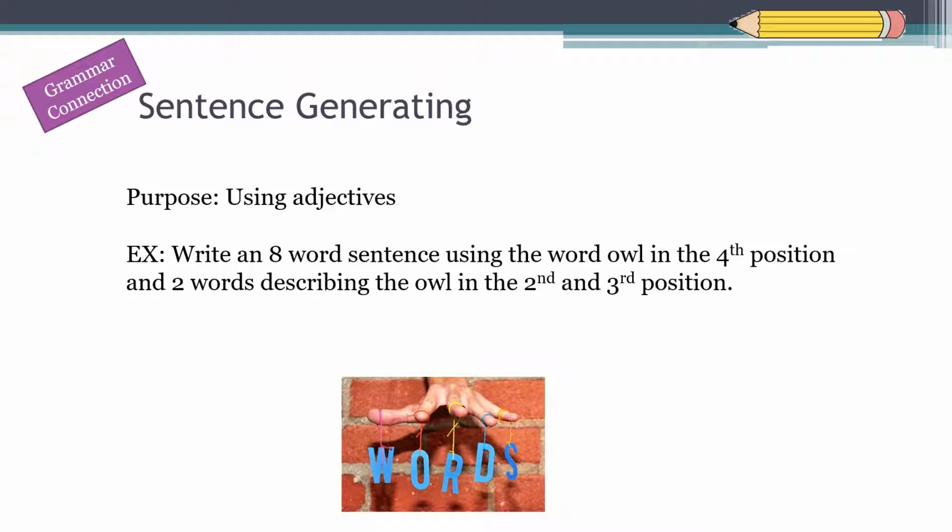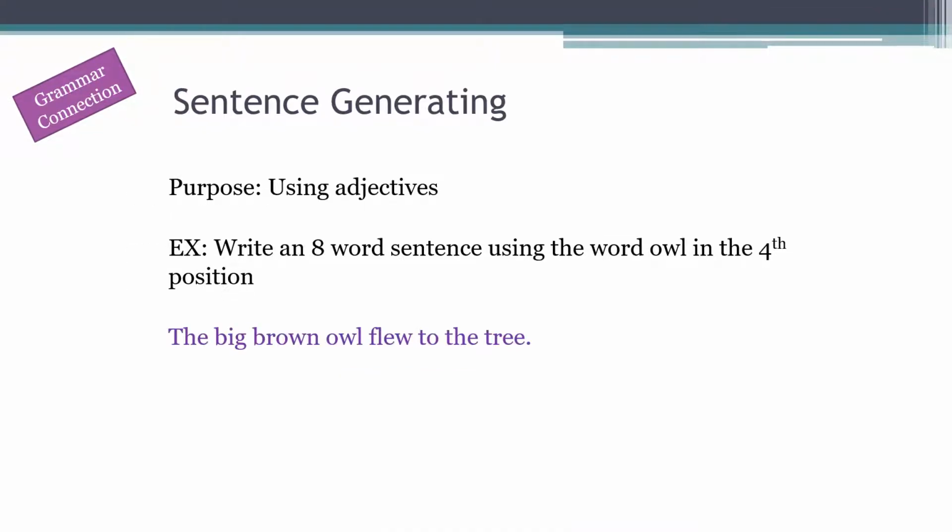So we're generating sentences based on positions, the position of the words in the sentence, and helping them identify the parts of speech. So an example sentence might be, so my sentence that I generated would be, the big brown owl flew to the tree. So I've got an 8-word sentence.